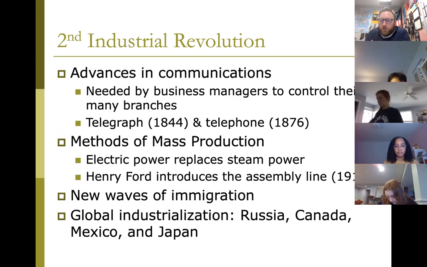Second industrial revolution, also telephones, the telegraph. This has evolved so much, but the ability to send communication across the sea, very, very important. By I think it's 1990, I want to say, I can't remember the exact year, the first fiber optic cable was laid across the ocean, linking the United States to India.